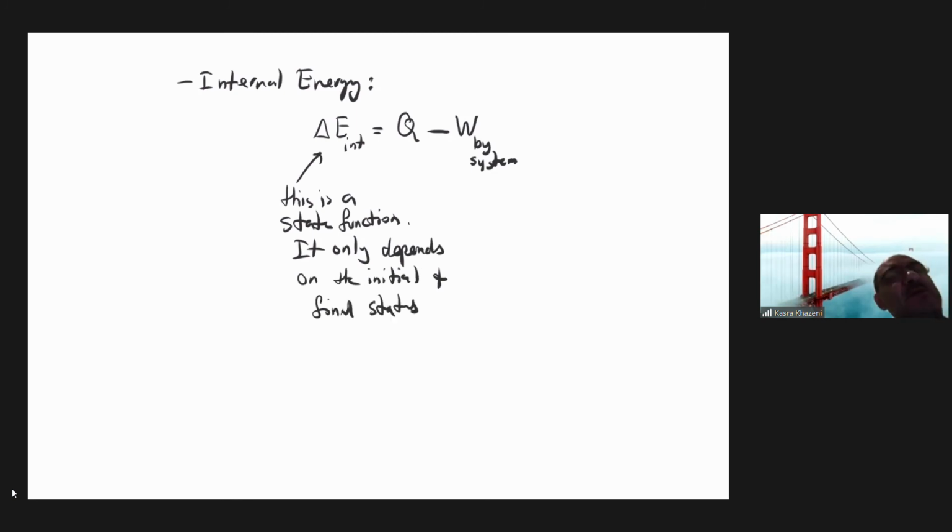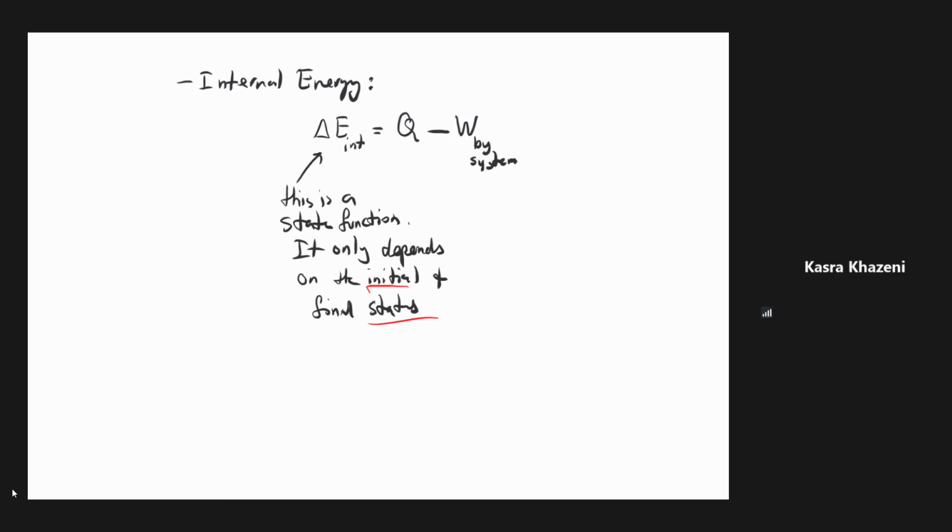Okay? So it only depends on the initial and final state. It doesn't matter how you get there. The amount of work does, the Q does and all that, but the internal energy doesn't. Okay? So the internal energy is only a function of the endpoints. Doesn't matter how you get there.